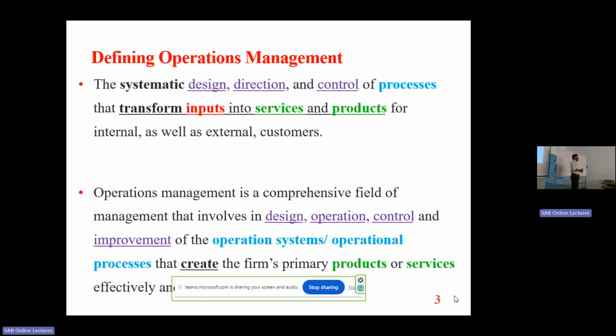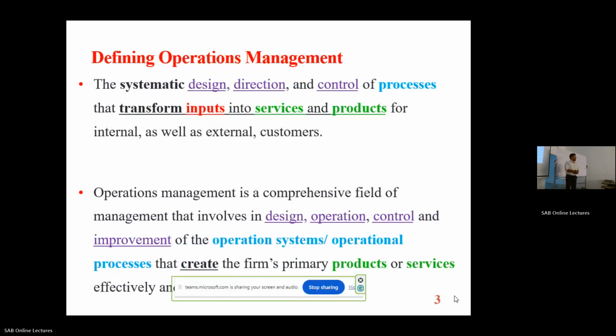Operations are used to produce products. So how about services? In service industries, operations are used to create and also deliver services.